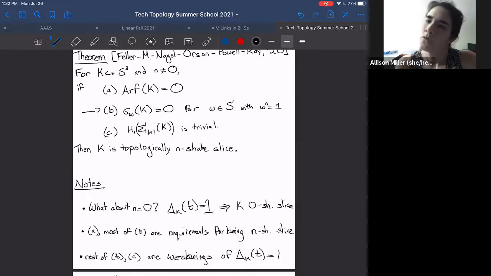In particular, there's a formula for the order of the first homology of a cyclic cover of the knot that's just in terms of the Alexander polynomial. And it is also true that if you have trivial Alexander polynomial, then all of the Levine-Tristram signatures vanish. So for now, I'll just say that hand-wavy slogan of they're weakenings of trivial Alexander polynomial. So this is a good time for me to pause and ask if there are questions at this point.